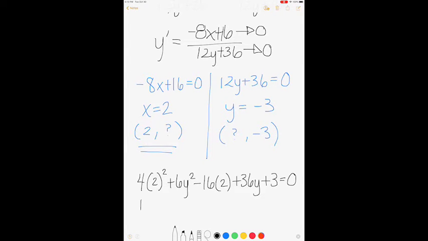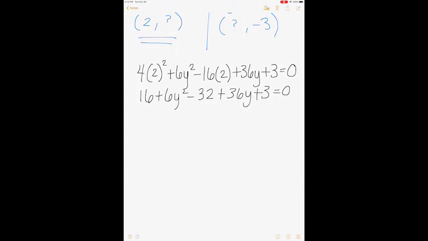That's 16 minus 32, that's negative 16. Well, I'll just do it all together. Negative 16, and then plus 3, I'm getting negative 13.